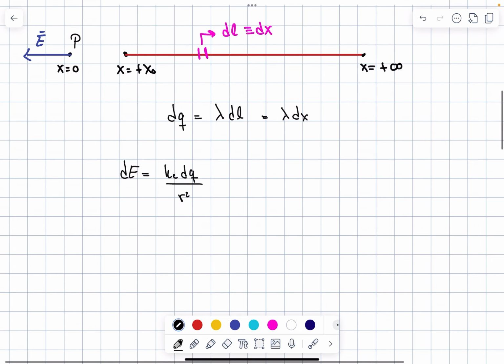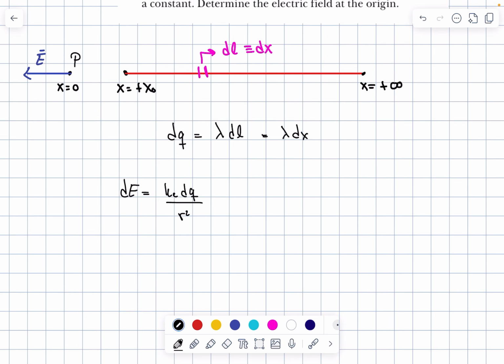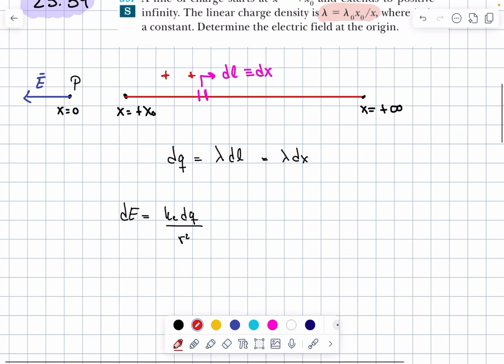Because this is really just a one-dimensional problem, we can almost immediately tell where the electric field is going to be pointing. If you forget, just remember that this is positively charged. There's a positive charge density here, and the electric field is directed in the same direction in which a positive charge would move if placed in that region.